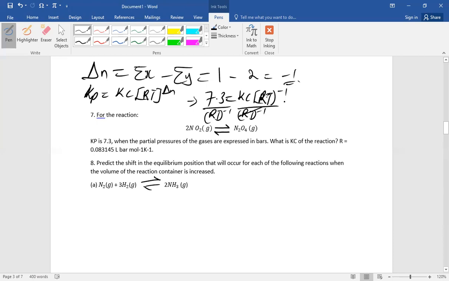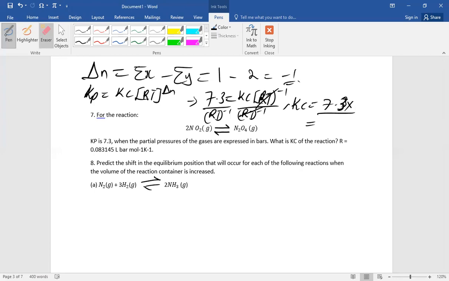The RT to the power negative 1 cancels, giving 7.3 over RT to the power negative 1, which means we are multiplying by RT. So we say 7.3 times the value of R.